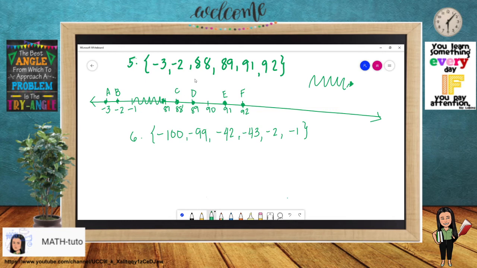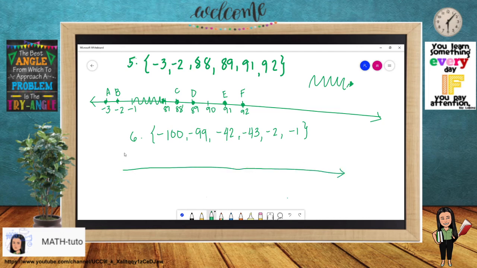Just make sure that the highest among everything that you have written will be on the rightmost part of the number line. And, of course, may arrow naman yan. Continuous naman siya. 0 will still be somewhere in your number line.